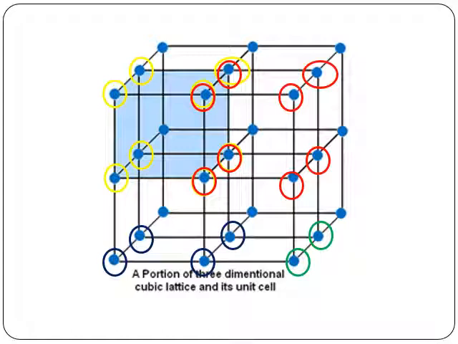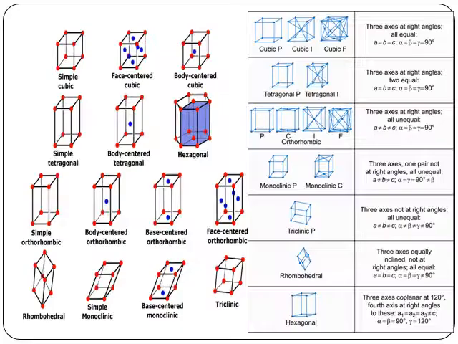In order to construct a home, that is a space lattice, you need the unit cell. Hope you understood, right? This is very important because all these things are very basic in order to understand the further details.